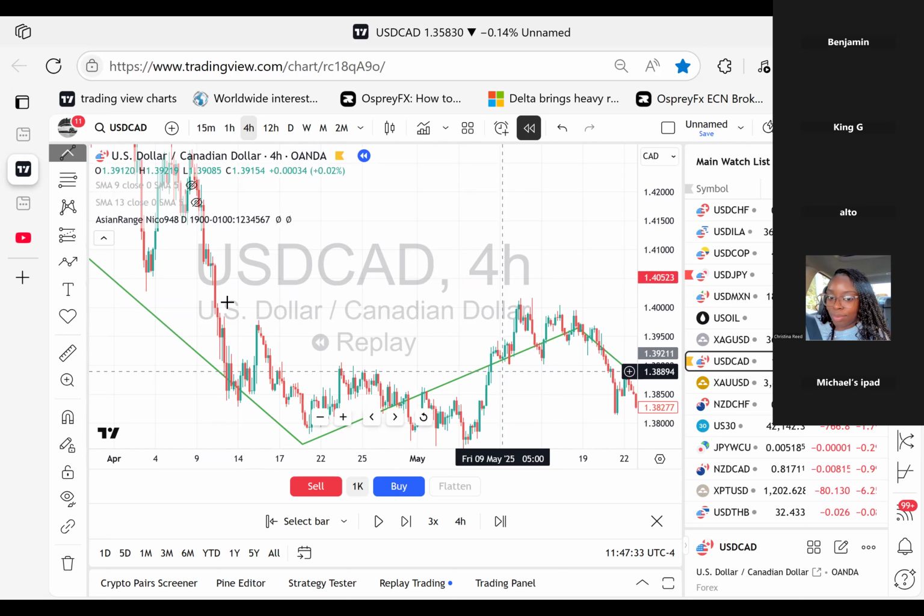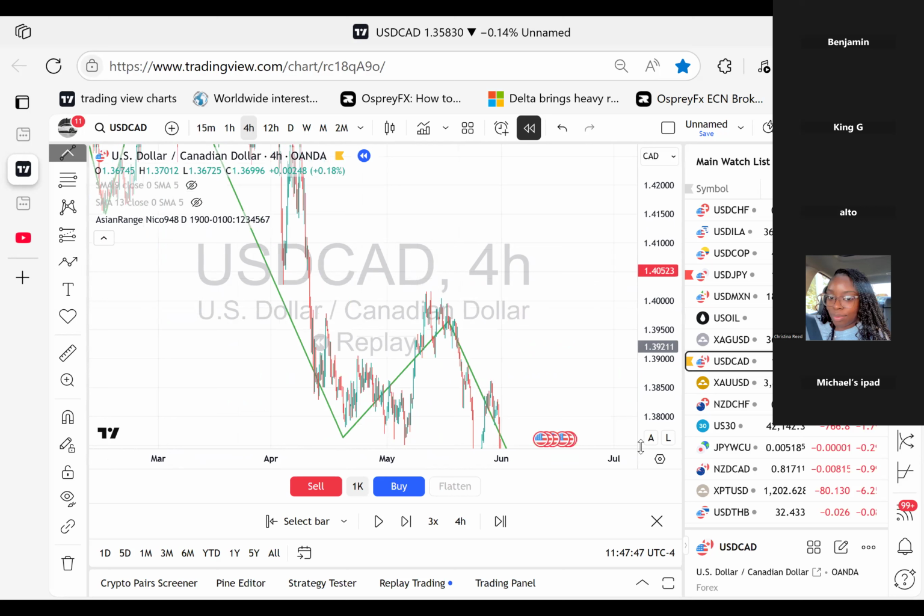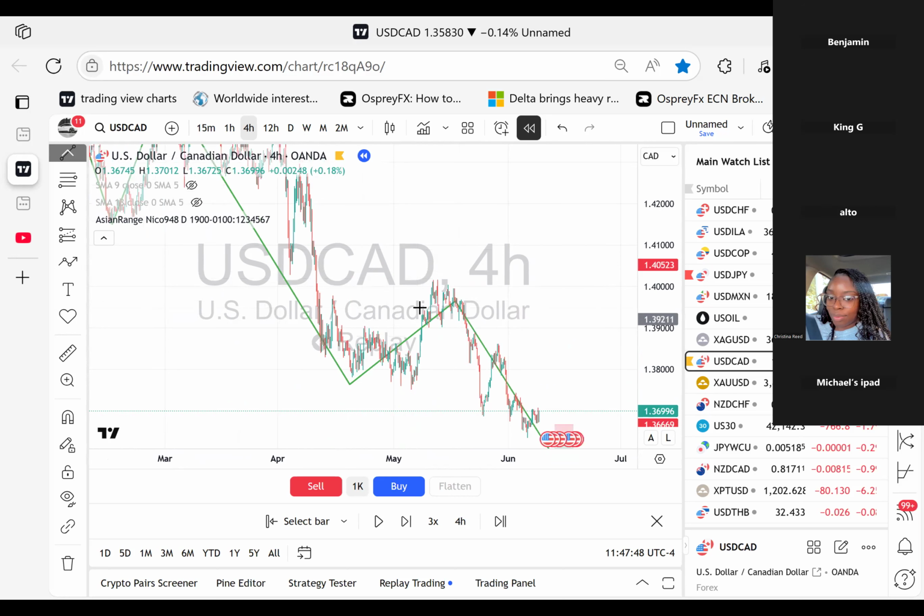Price came back up, filled this imbalance with rejection, not with full candles, and then price pushed down. So if you were a person who understood that this was a pullback to that weekly sales swing, then when you see these rejections in this imbalance, you're going to be looking to get short to take the next leg of that trade down. Does that make sense?